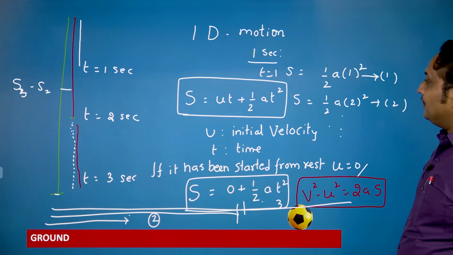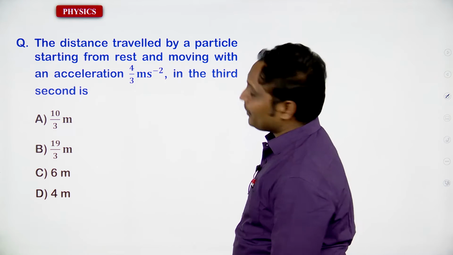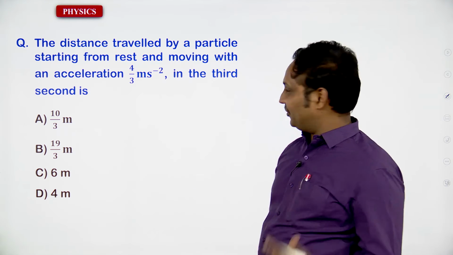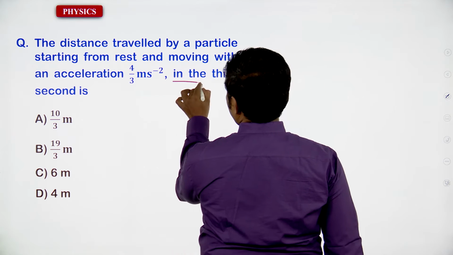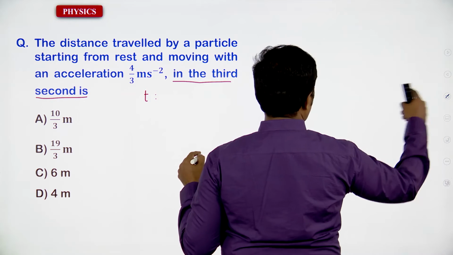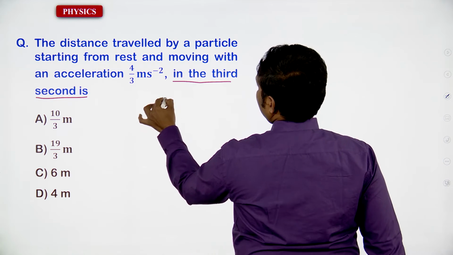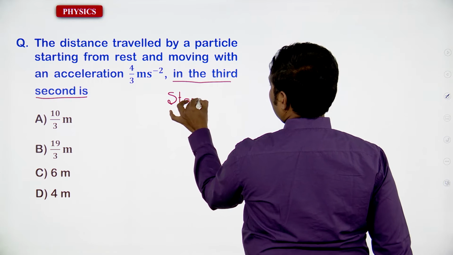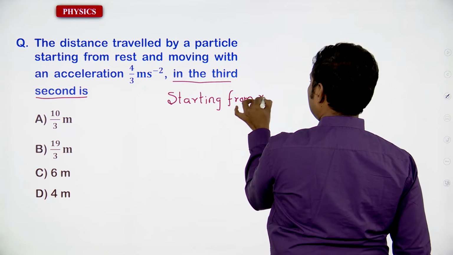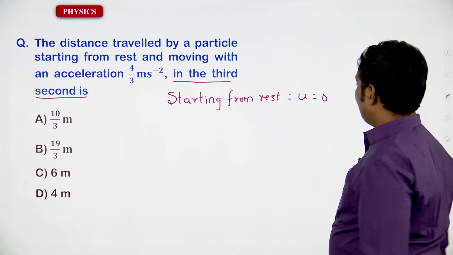So there is a case we have to take. The distance travelled by the particle starting from rest and moving with an acceleration, in the third second. So easily you will solve the problem. t is equal to the third second, we have to take that. Starting from rest, you can write u is equal to 0.